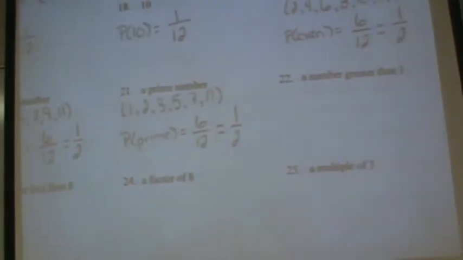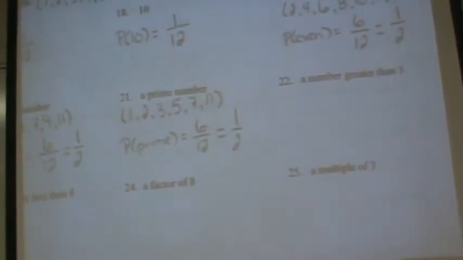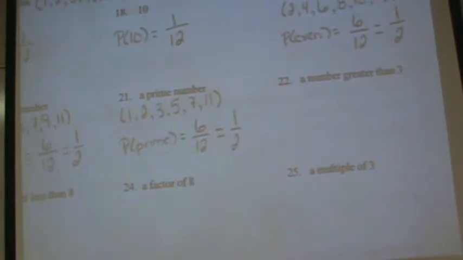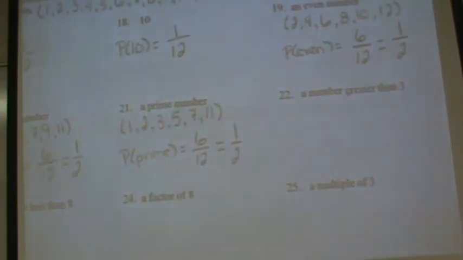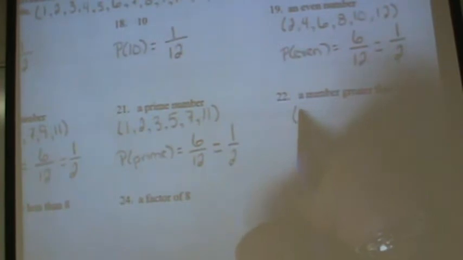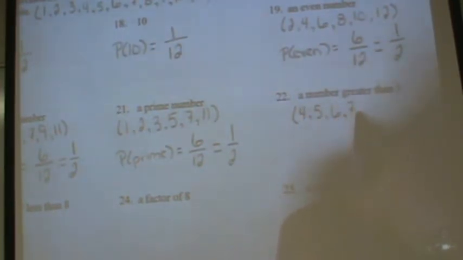Number 22, probability that you get a number greater than 3. So all the numbers greater than 3 are 4, 5, 6, 7, 8, 9, 10, 11, and 12.